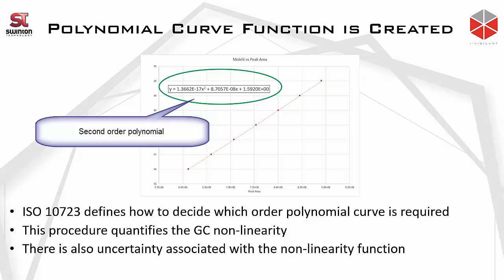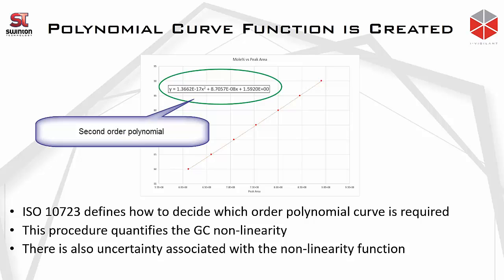So what we plot here is the average of this repeatability data. But the standard deviation that we can work out, the 2 standard deviation, or if we're using the t distribution, is going to be considered as the uncertainty associated with the nonlinearity function itself.